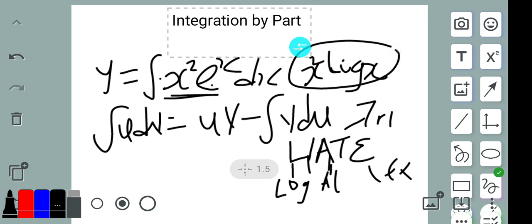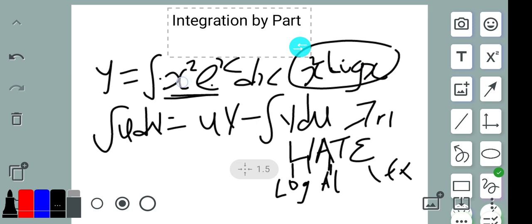Definitely in this question, x square will be your dv, and log x will be your u, because if you look at it, L comes before A. That means your log comes before your algebraic expression, so your u will take the value of your log, and this will be your dv.